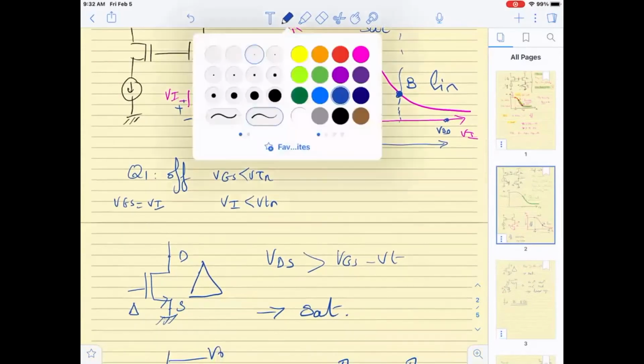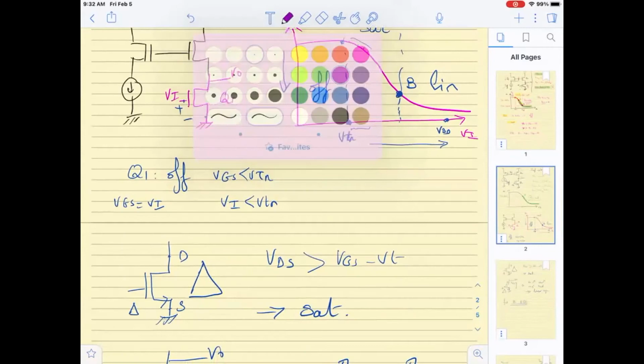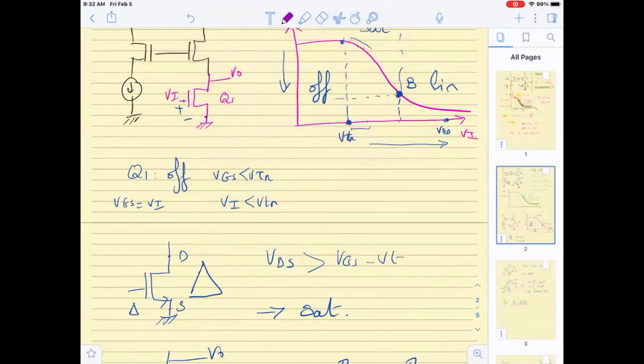We know that at this point B, if I am operating at edge of SAT, I will have VIB and VOB, and they will have some property between them.